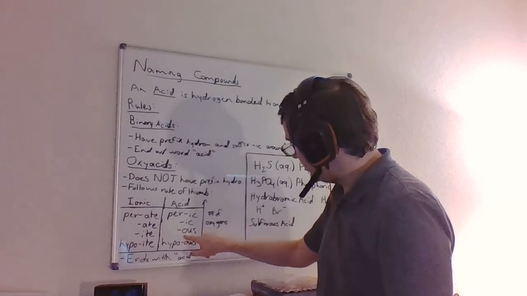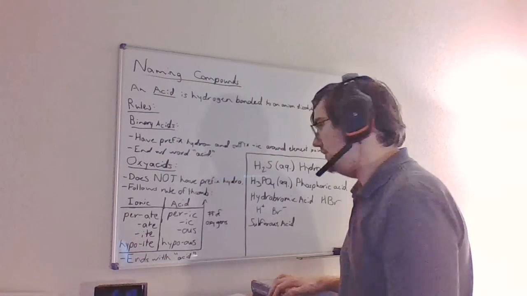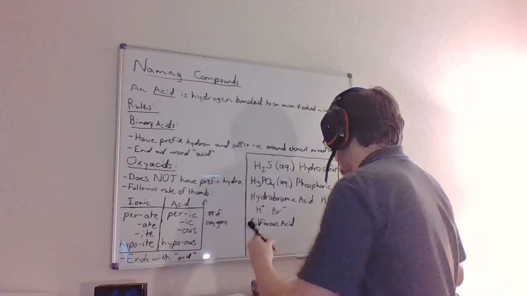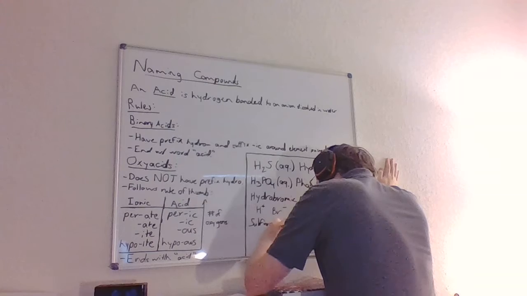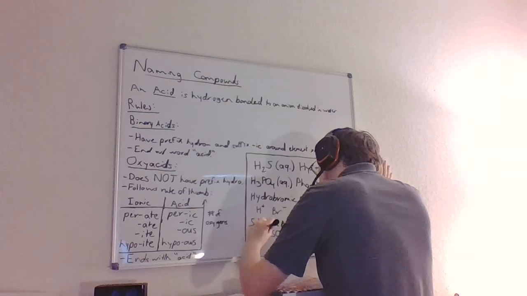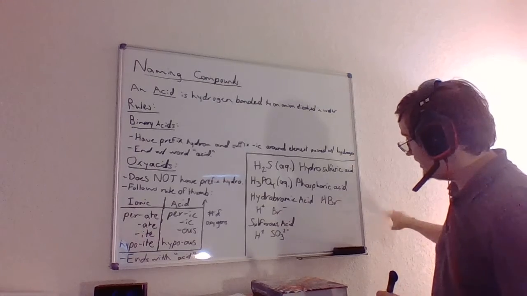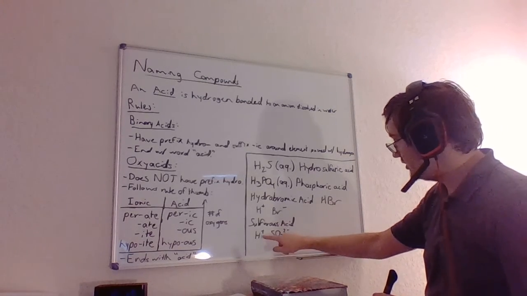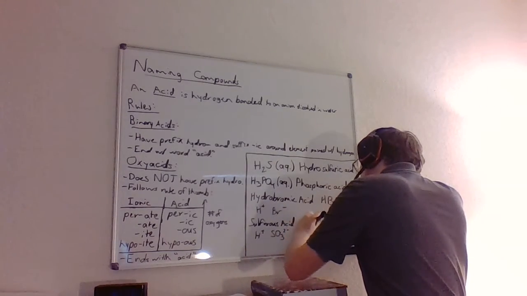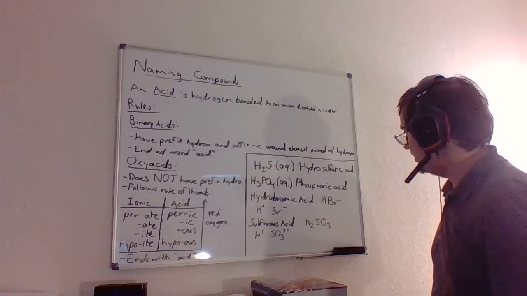That means that instead of sulfurous, we're looking for sulfite. If you take a look at your polyatomic ions chart, you'll see that sulfite is SO3 2-. And again, hydrogen, when it's an acid, is H+. So in order to balance out this -2 charge with a +2 charge, we're going to need 2 of these hydrogens. That would give us H2SO3, and that would be our final answer.